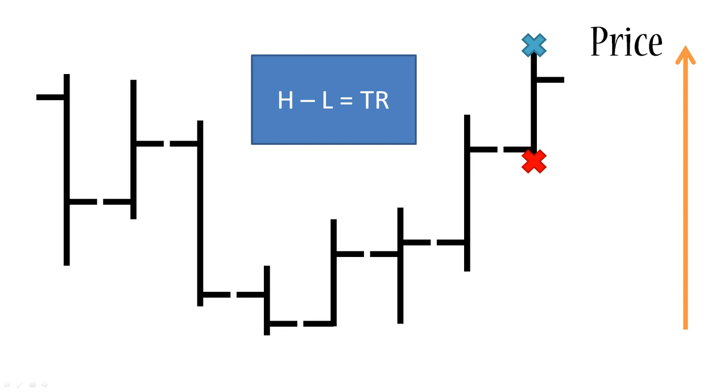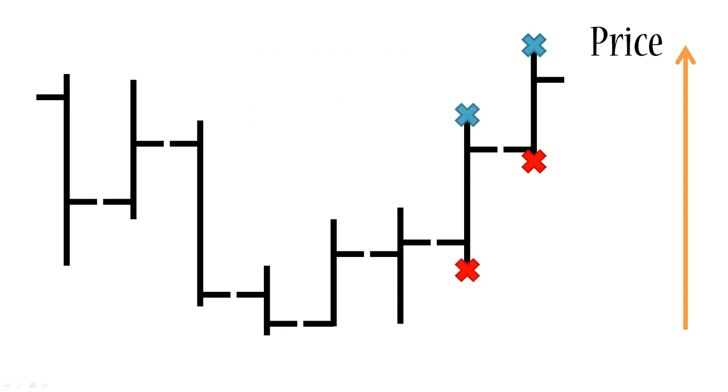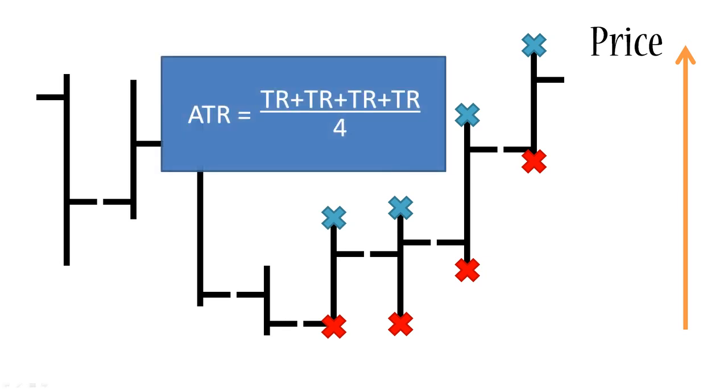Next, let's take the true range for the next bar, and then the true range for the bar after that, and then we'll take one more true range. So what we're going to do with all of these four true ranges is we'll take the average of these four true ranges, and that will give us the average true range in the past four bars.